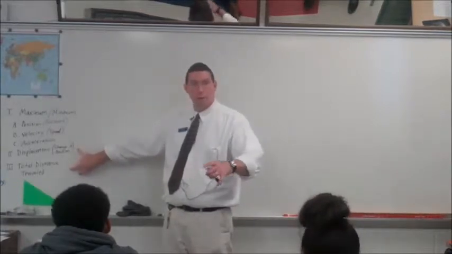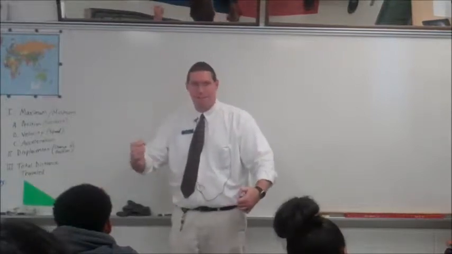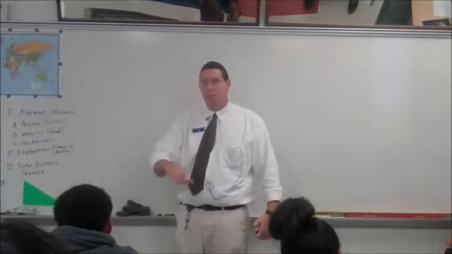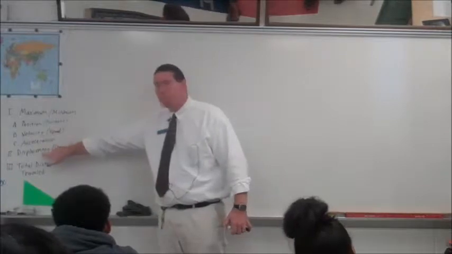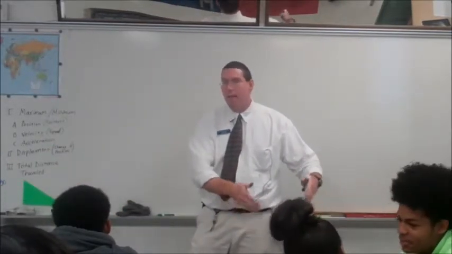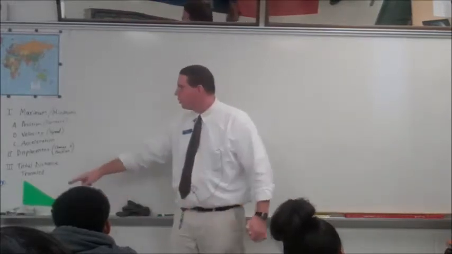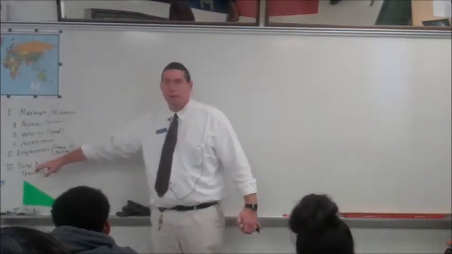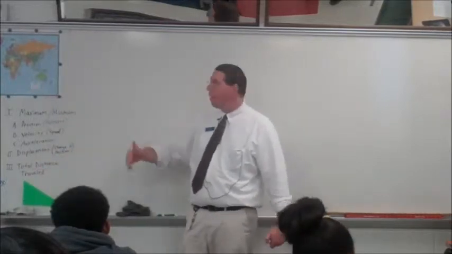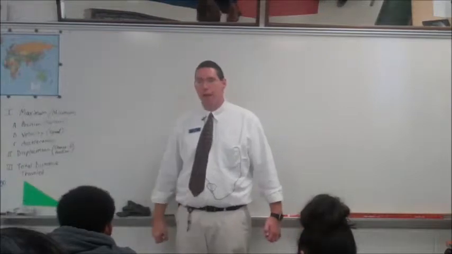It's okay, it was a good guess. You take a risk. Position, yes, they relate to position. Displacement is the idea of leaving one position and going to another position. Total distance traveled is how much position you have covered exactly.